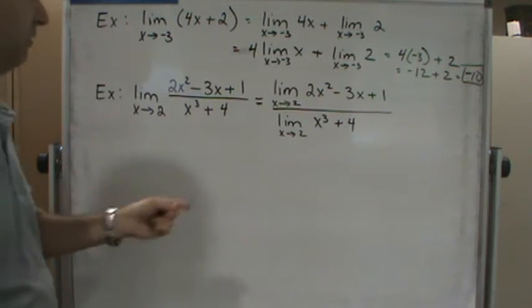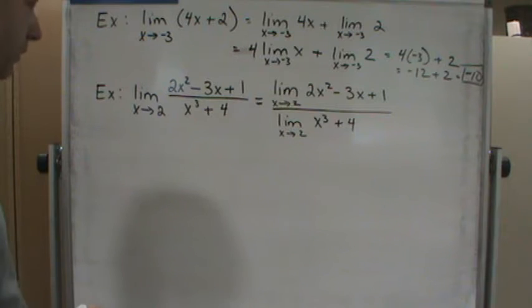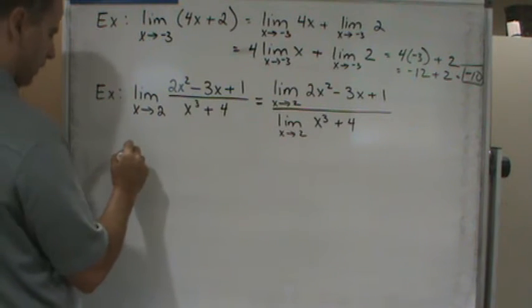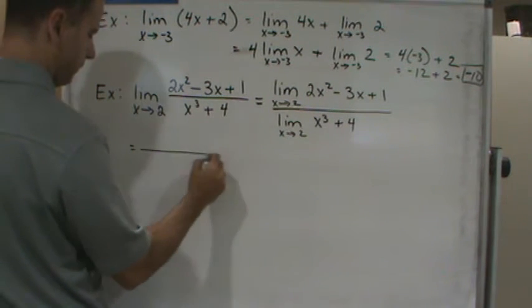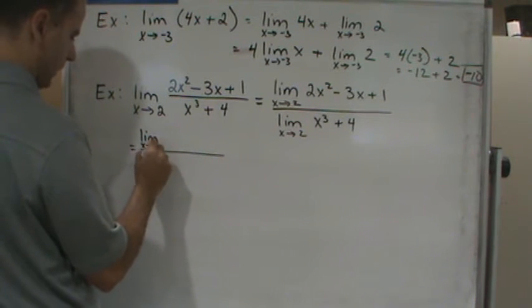And now what I'm going to do is apply the sum and difference laws to the top and the bottom. So now this is going to equal the limit, I'm just going to write this out.